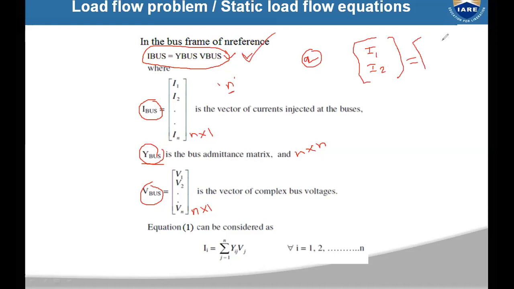Y bus is 2 by 2, as you are considering a 2 bus system, so you will have 4 elements, into another voltage vector V1, V2. Okay. So now the elements of the Y bus are Y11, Y12, Y13, Y14.